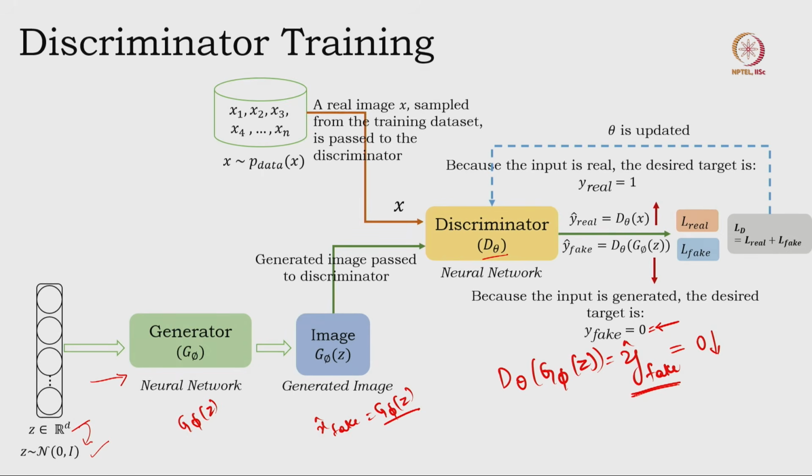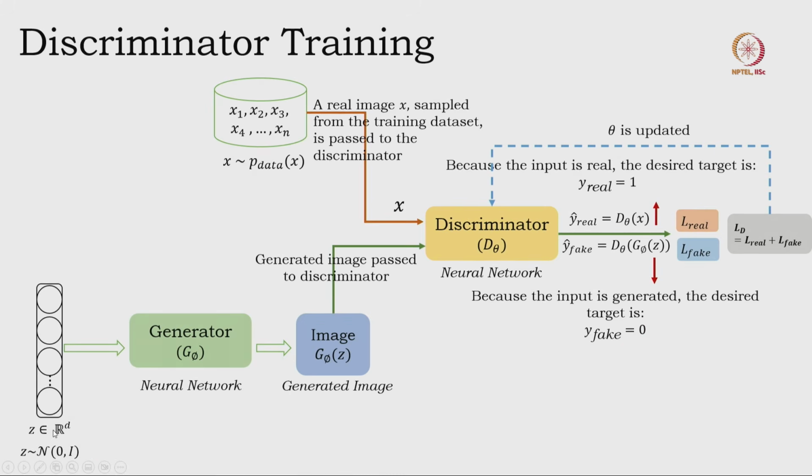Now, if the y fake value is closer to 0, the discriminator should therefore produce this value closer to 0. For example, suppose the value given by this is 0.2, which means the discriminator assigns only 20% probability that the generated image is real. If it is assigning only 20%, it has correctly considered that the image is a fake image, right? Okay.